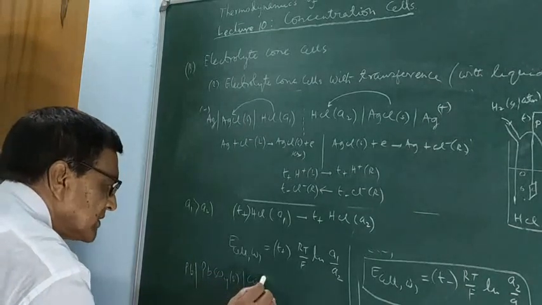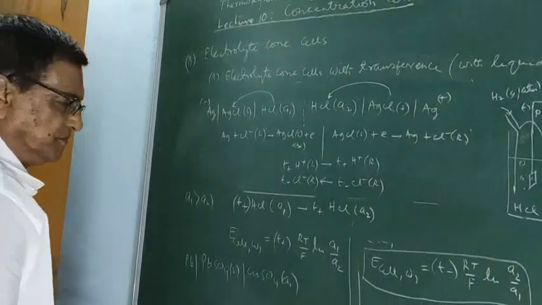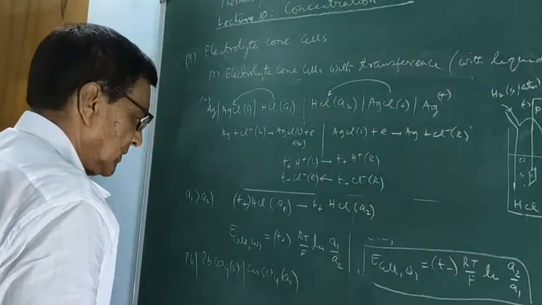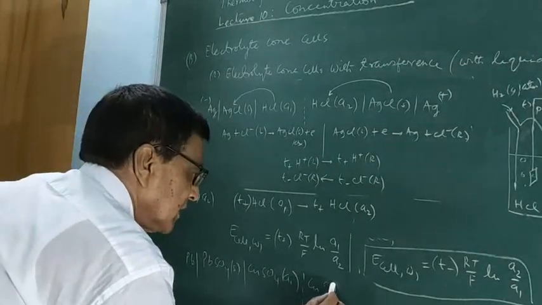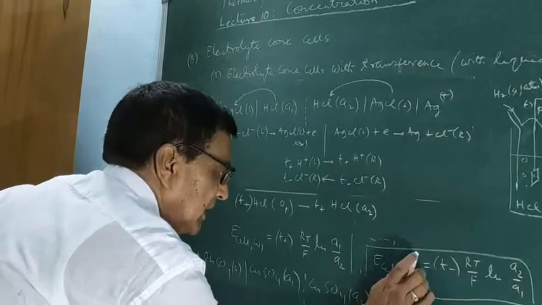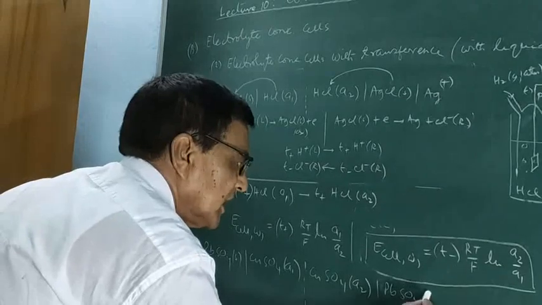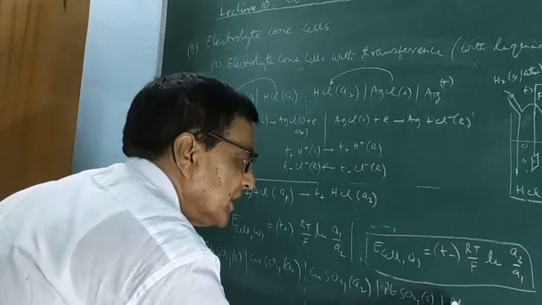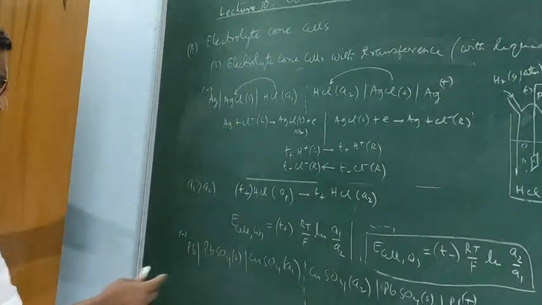Another cell of this type, another example, I can say: lead and lead sulfate solid, and here copper sulfate at A1, and here the cell membrane and copper sulfate at A2, and here lead sulfate solid and also lead. This is positive and this will be negative, similar to the earlier one.